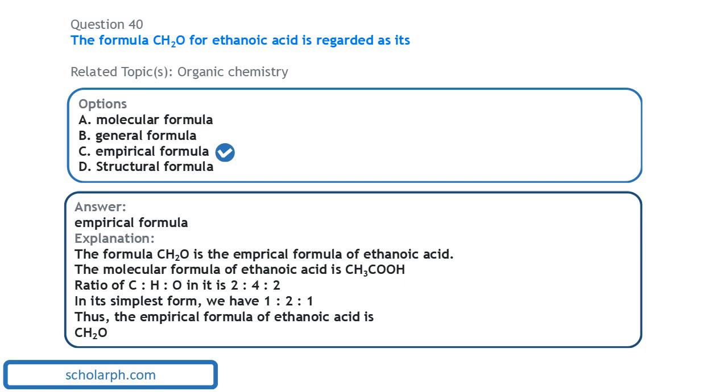If you look at here now, it has how many carbons? 2 carbons, 4 hydrogens and 2 oxygens. That means that the ratio of carbon to hydrogen to oxygen there is 2, 4 and 2. We can divide through by 2, so we are going to have 1:2:1. So you can say that the ratio of carbon to hydrogen to oxygen in it is 1:2:1.